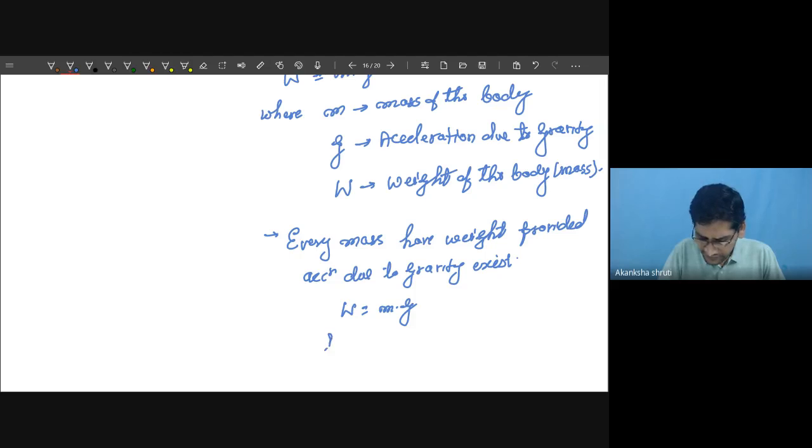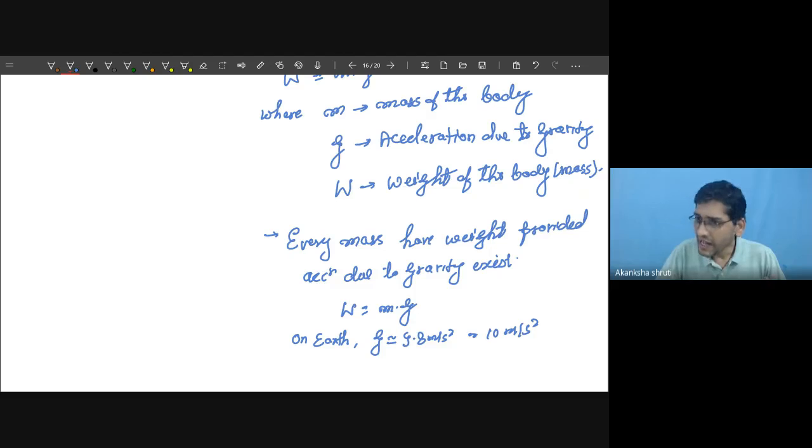Say if we consider on earth, then the value of g is given by 10 or 9.8. So on earth this g's exact value is 9.8 meter per second square, or approximately taken as 10 meter per second square.